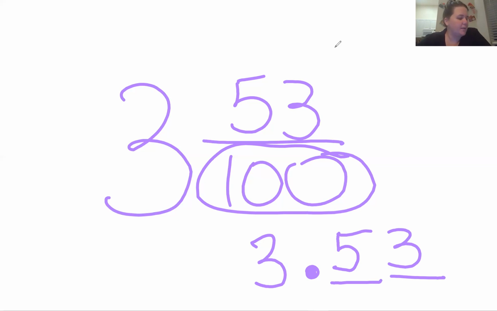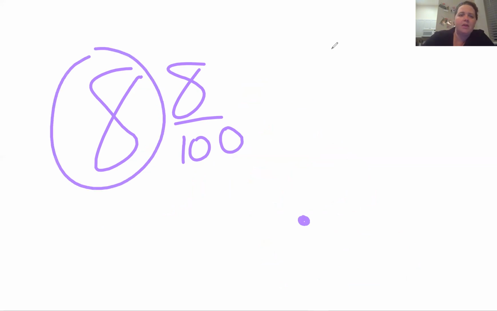Let me just do one more example. I'm going to go to number 24. And 24 looks like this, 8 hundredths. First thing I do is I draw my decimal point. I ask myself, how many wholes do I have? Well, I have 0 wholes... I have 8 wholes, so I draw my 8.